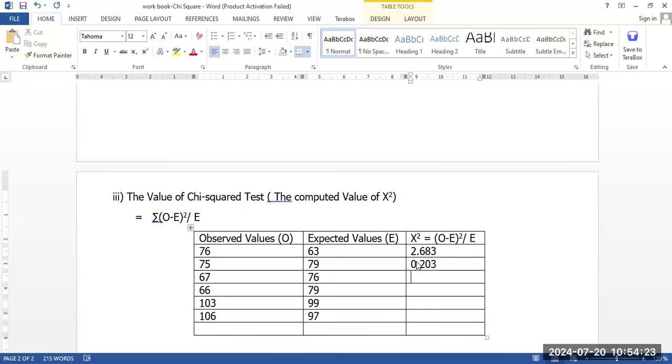Another person can start from the bottom, just to be fast. We need the summation of this. We need the total. What is the total?